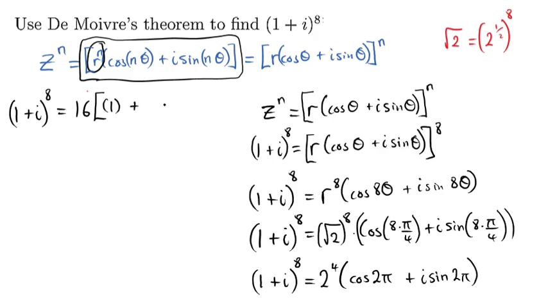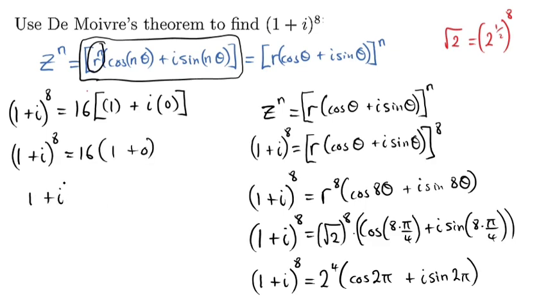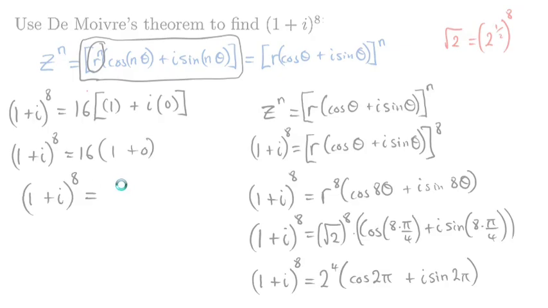And then to this we're adding i sine 2π. Sine 2π is 0. So this means that (1 + i)^8 is equal to 16. Inside the brackets there, we just have 1 + 0. So our final answer, (1 + i) raised to the power 8, is simply equal to 16.